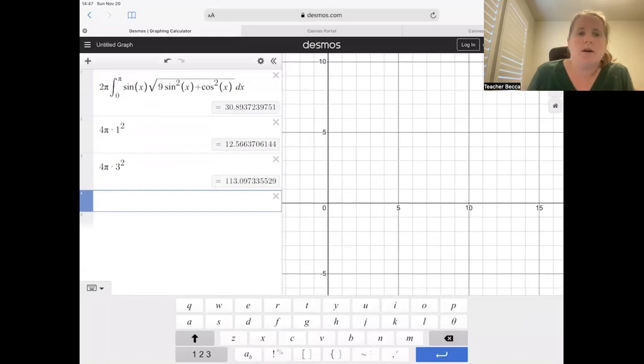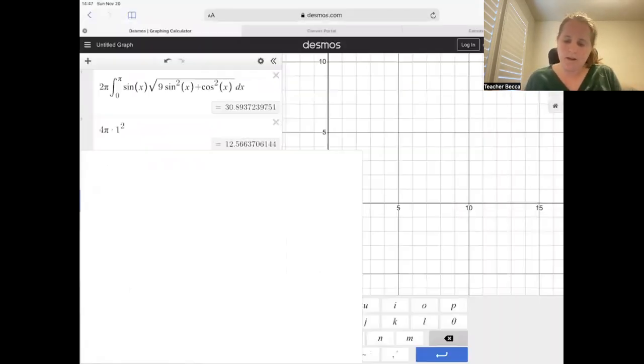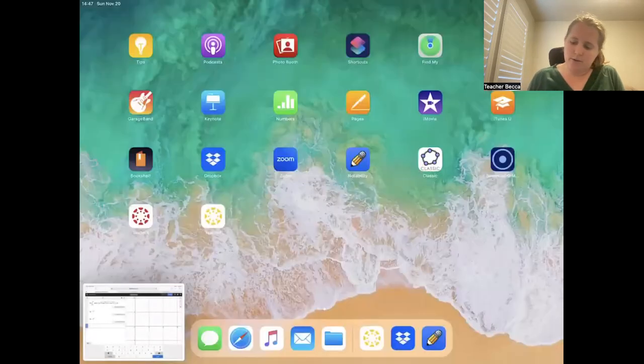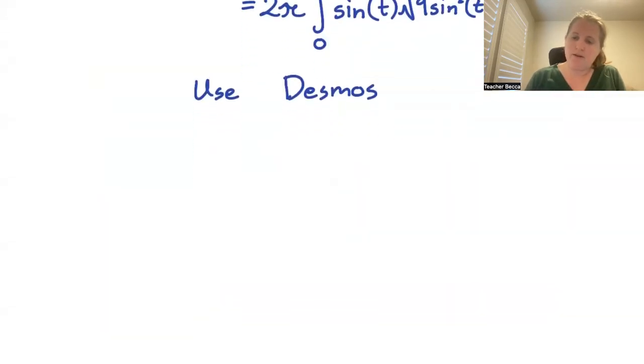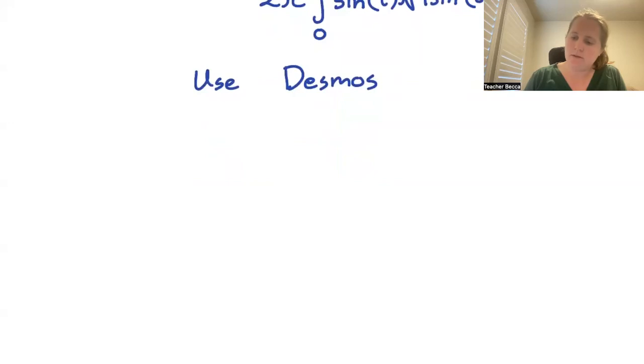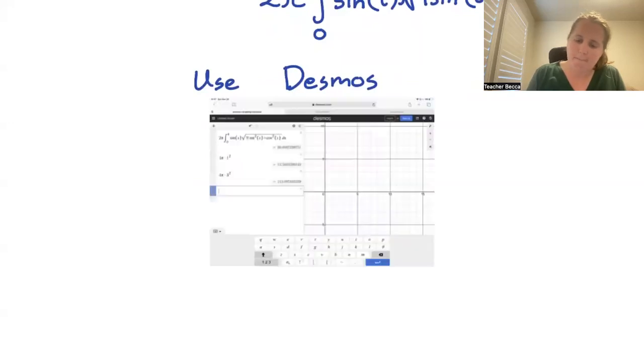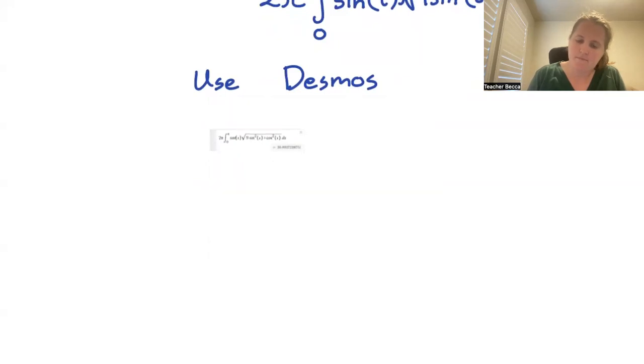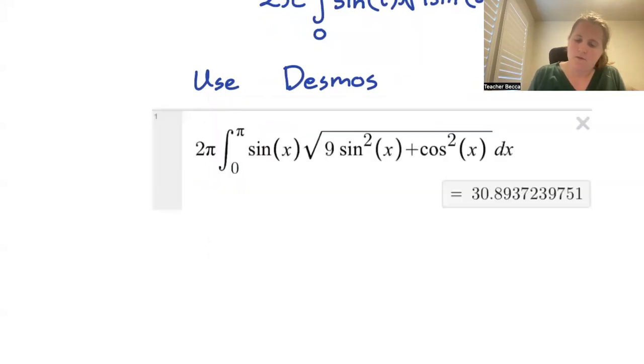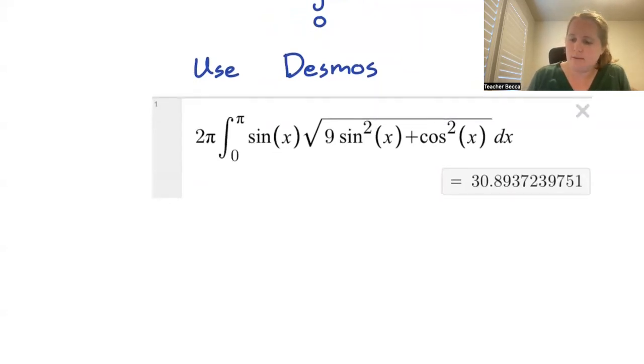So our surface area falls somewhere in the middle, as you can see. So if we translate this back over to our notes, we get a surface area of 30.89 approximately.